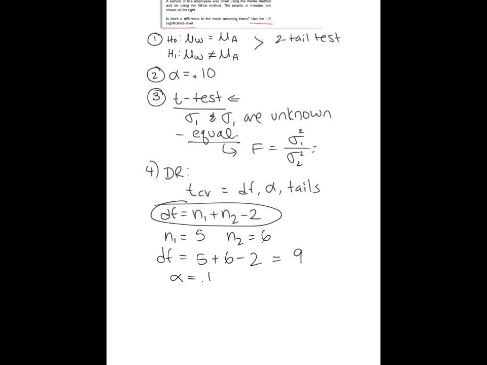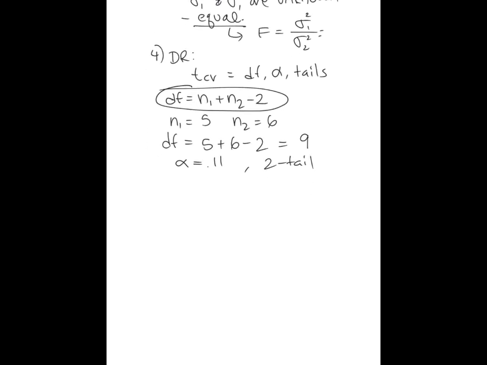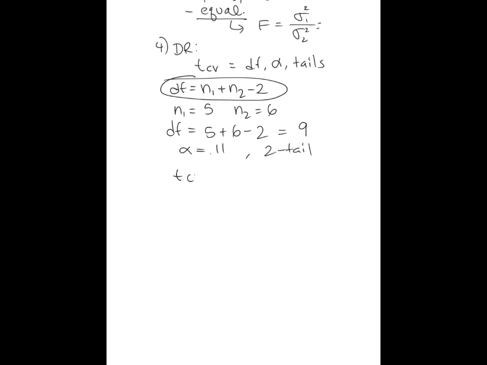As we already established, alpha is equal to 0.1, and this is a two-tailed test. Therefore, our t critical value in this case is going to be 1.833. Okay, so let's draw our diagram. Here's our t diagram. So we have negative 1.833 and positive 1.833.